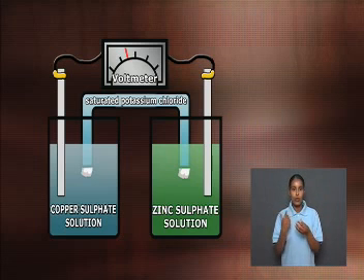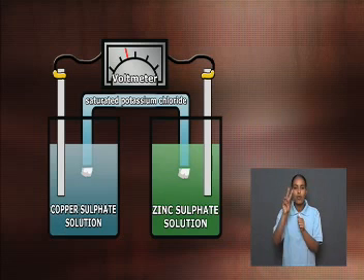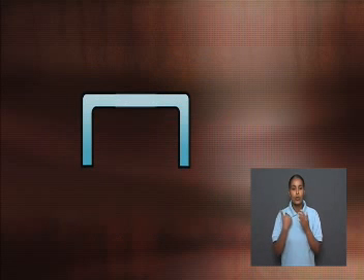We need a piece of copper wire and clips to keep it all together, and a voltmeter to measure the voltage of the cell. To begin, we need to assemble the cell.